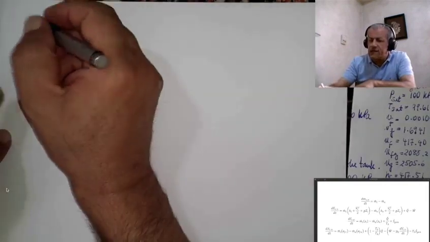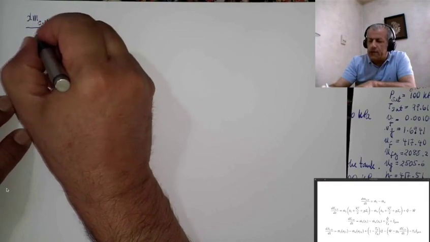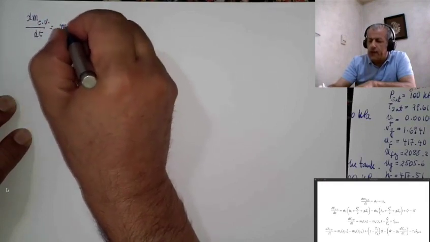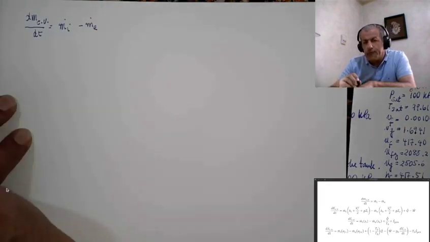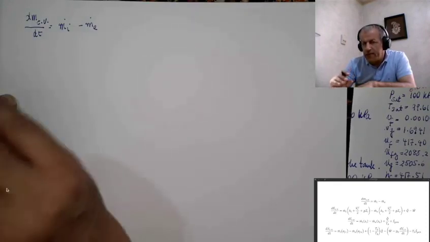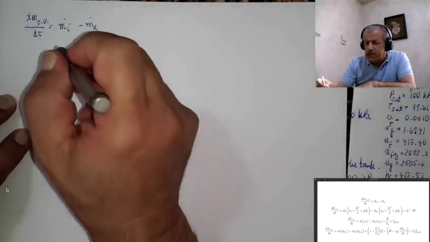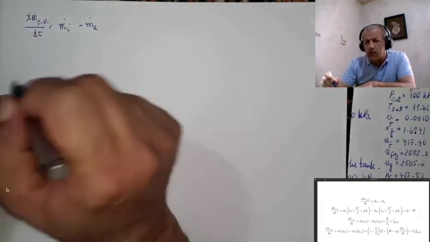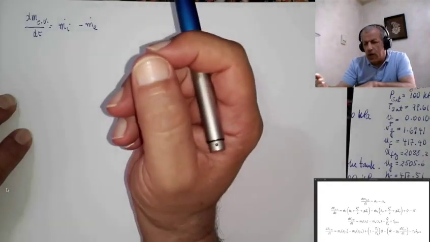You see, the mass conservation law tells us that dm_CV by dt equals m dot I minus m dot E. And there are two types of processes which we usually study in thermodynamics, two basic types of processes. The first is the process where there are no inlet or outlet mass. We call it a system where there is no inlet or outlet.